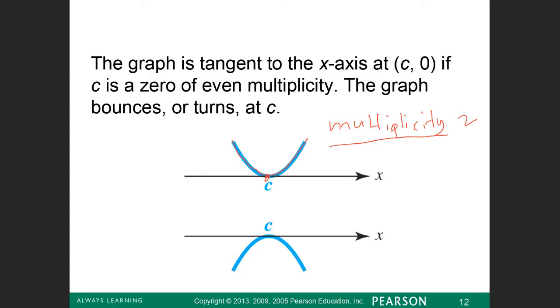So again, it's like a parabola, and this parabola is opening upward. So it means your A here is positive. Here A is negative, so the parabola is opening downward. Okay.